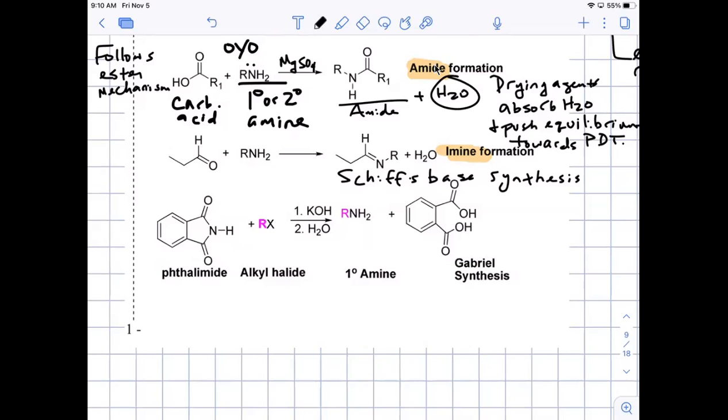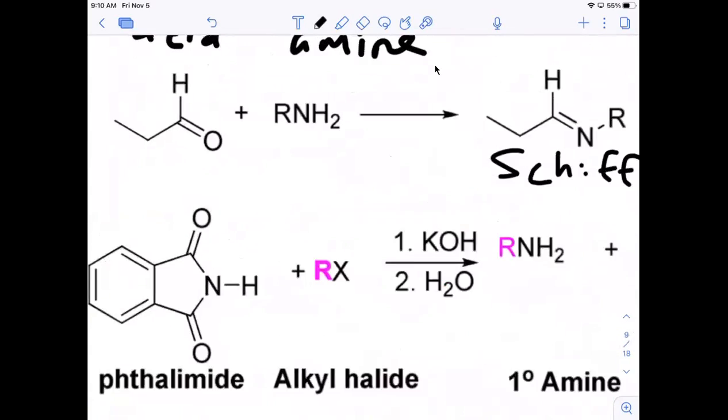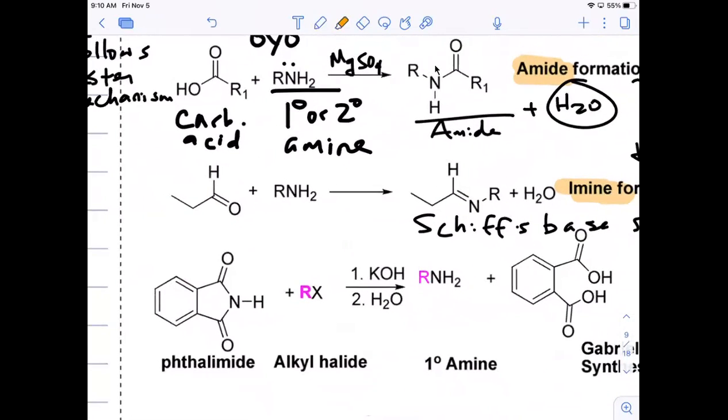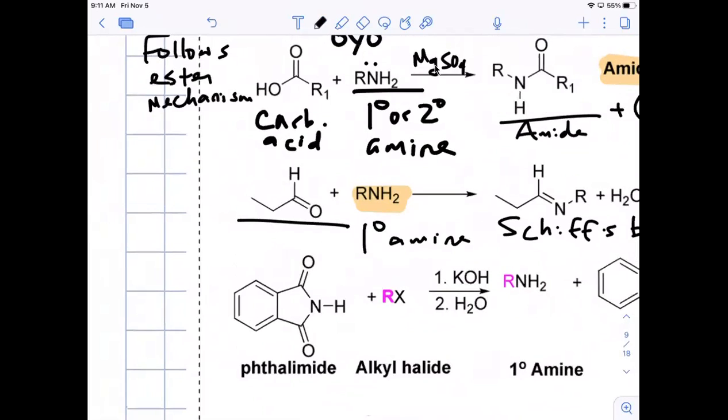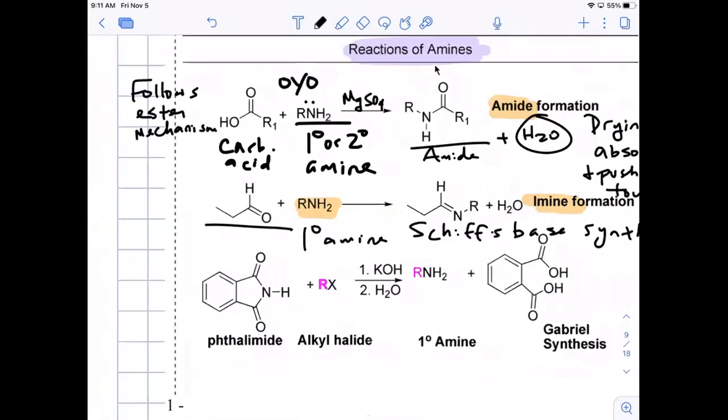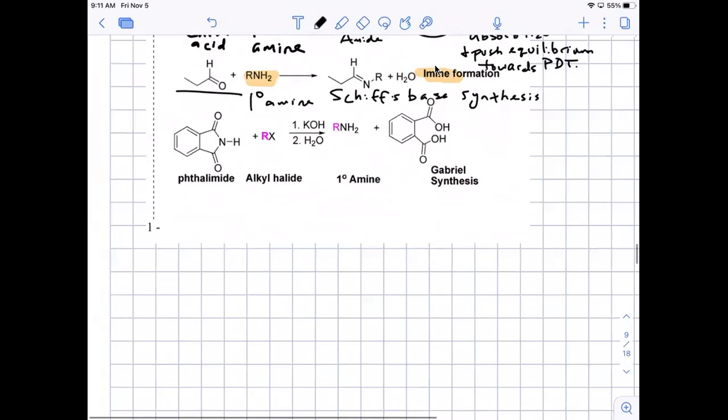So anyway, the reagents for Schiff's base synthesis, you need an amine, a primary amine, and an aldehyde or ketone. So let's show the mechanism for that.